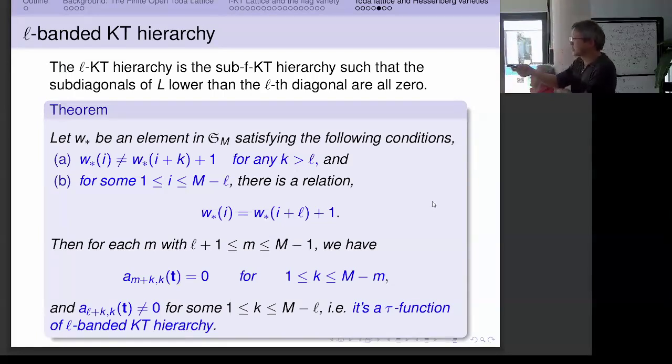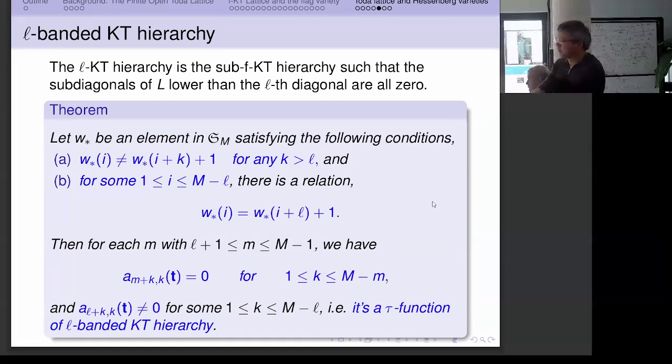We have the following characterization, and I forgot to say this is joint work with Yuji. Then we just need to understand which kind of group of cells it hits. And here is the characterization: w*(i) has to not equal w*(i+k) for any k bigger than L.